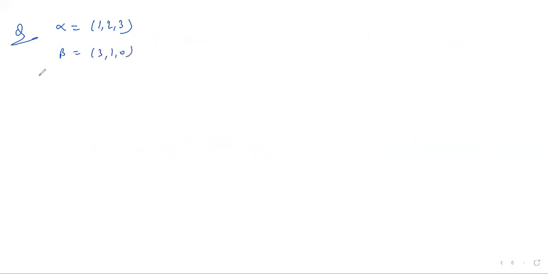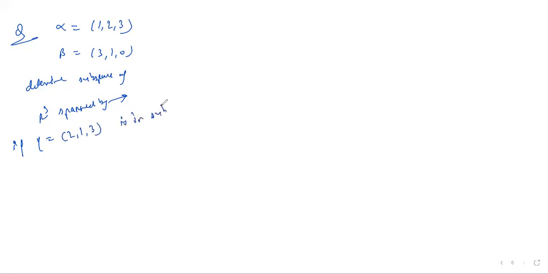What we have to do here is determine the subspace of R cube spanned by these vectors. First, we have to check, let's say, if gamma equals (2, 1, 3), whether this is in the subspace or not.